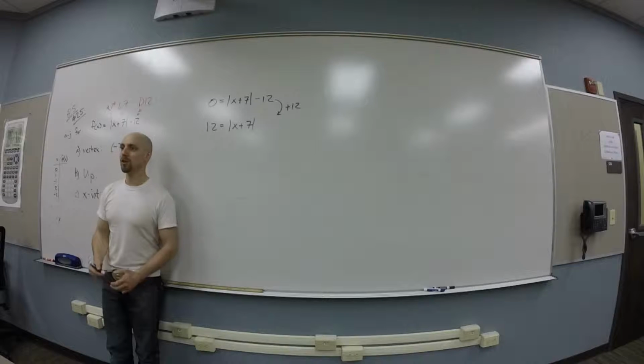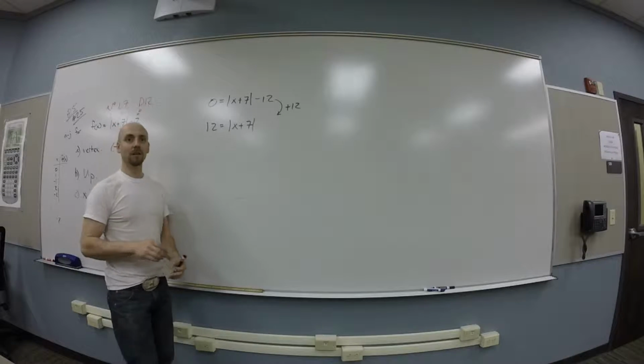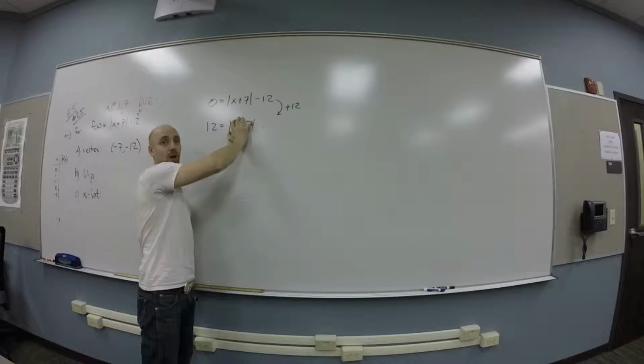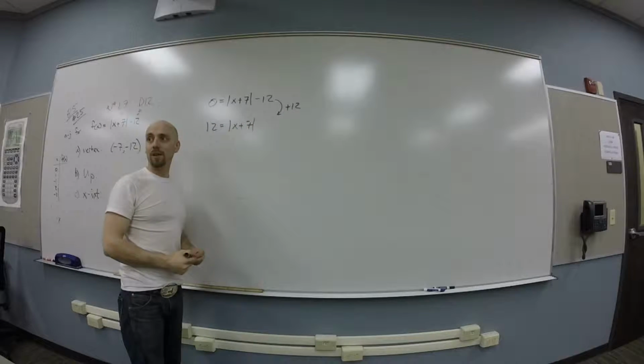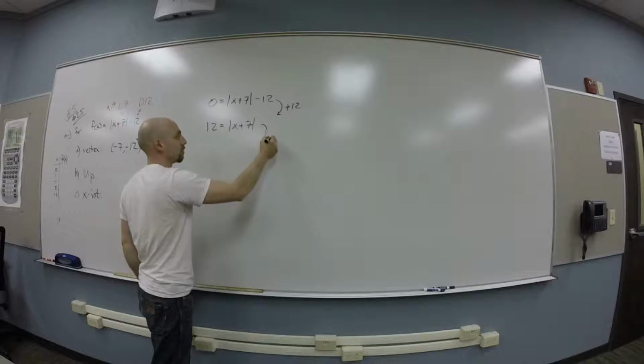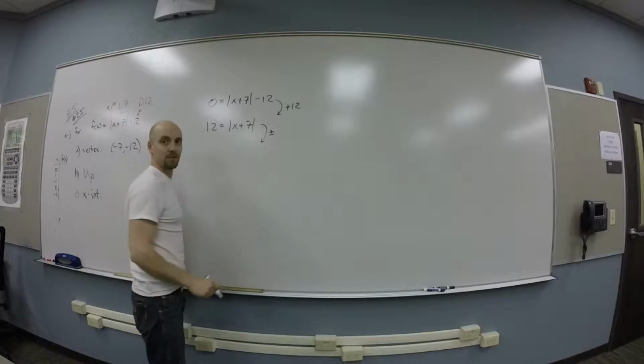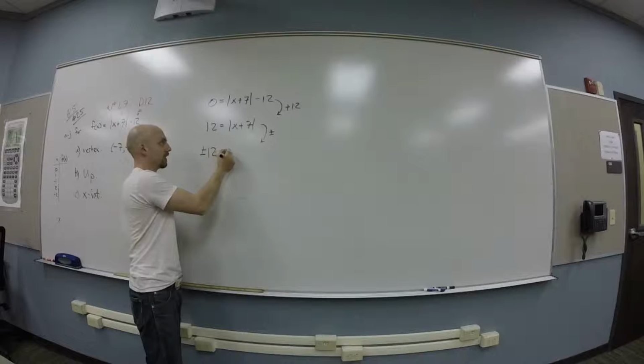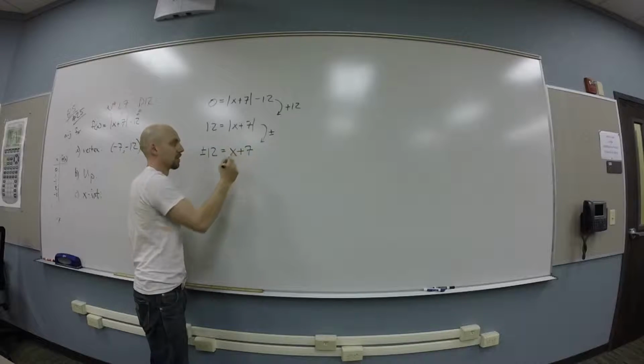You want to think about two things happening here, because if some stuff in an absolute value is 12, that means the stuff in there was either positive 12 or negative 12. You guys all see that? So really the unbarring thing is just adding plus or minus. So I'm looking at plus or minus 12 is x plus 7.